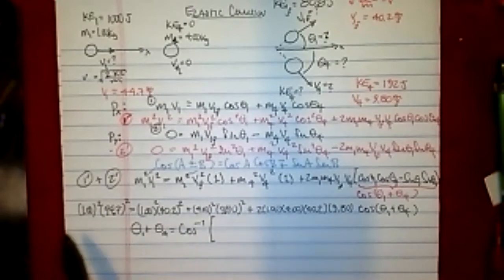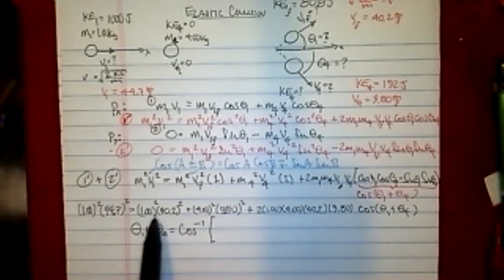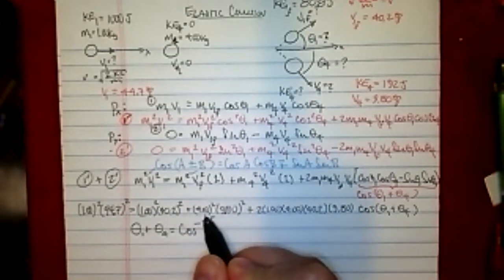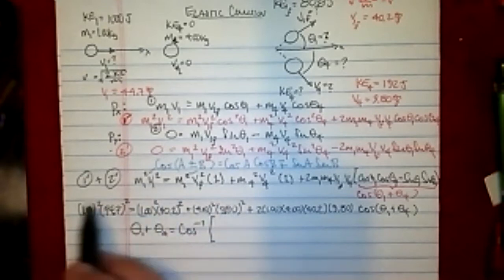Now notice what I'm going to do. I'm going to do m1 squared v1 squared minus m1 squared v1 final squared minus m4 squared v4 squared. That's just literally the Pythagorean theorem.